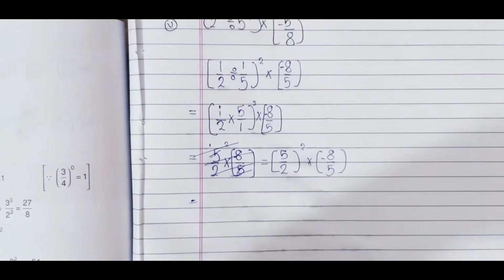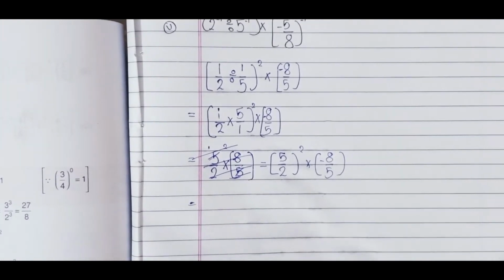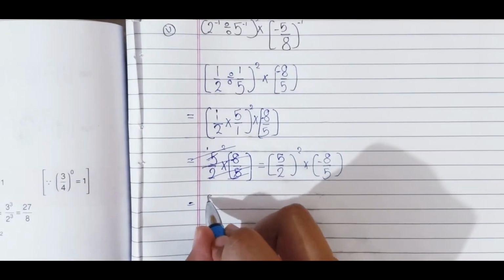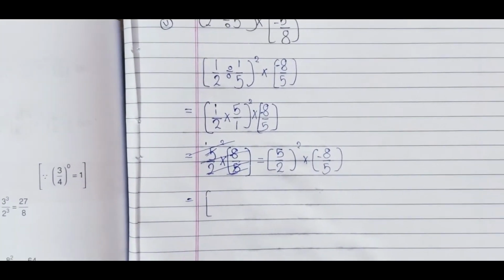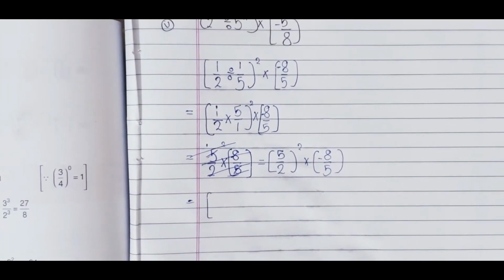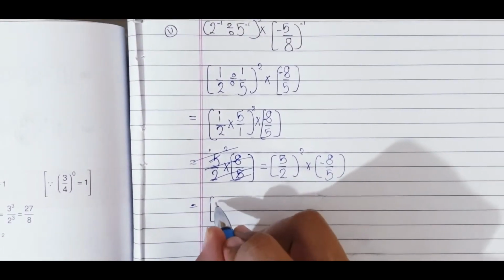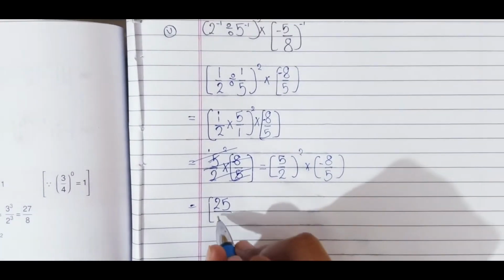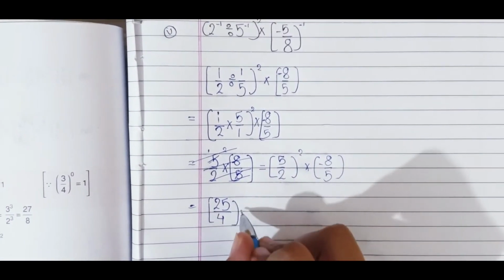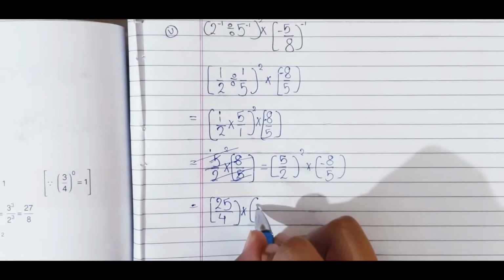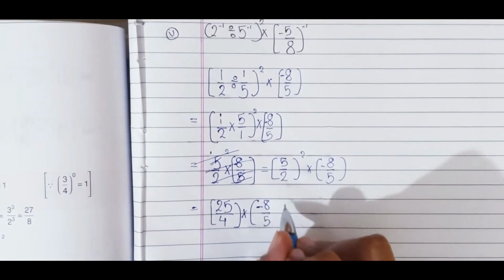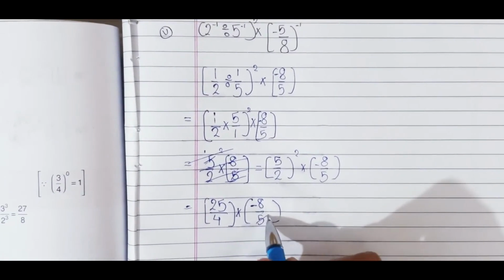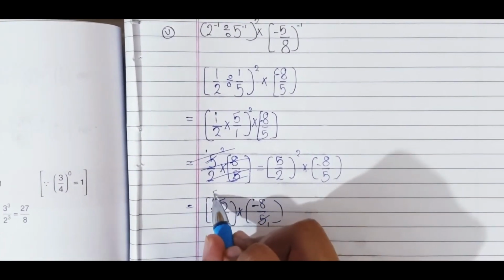Now we will make this exponential number, the power number, into a rational number. So 5 by 2 to the power square is equal to 5 into 5, which is 25. So the numerator will be 25, and 2 into 2 is equal to 4, so the denominator will be 4, into minus 8 by 5. Here we will cancel everything as we can. So this will be 1, this will be 5.